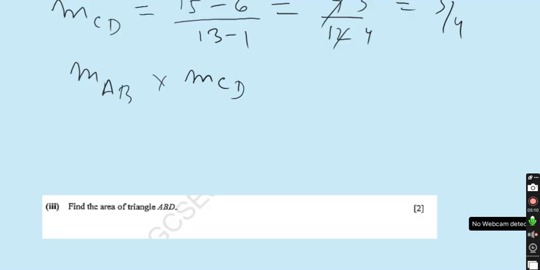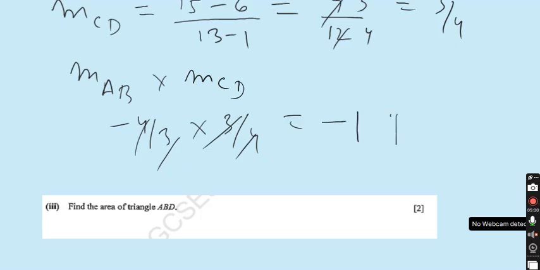And if we get the product of both the gradients as -1, it is proved that both the lines are perpendicular. So the gradient of AB we have found is -4 upon 3. The gradient of CD we have found is 3 upon 4. 3 cancels, 4 cancels. The answer is -1. This is proof that both the lines AB and CD are perpendicular.